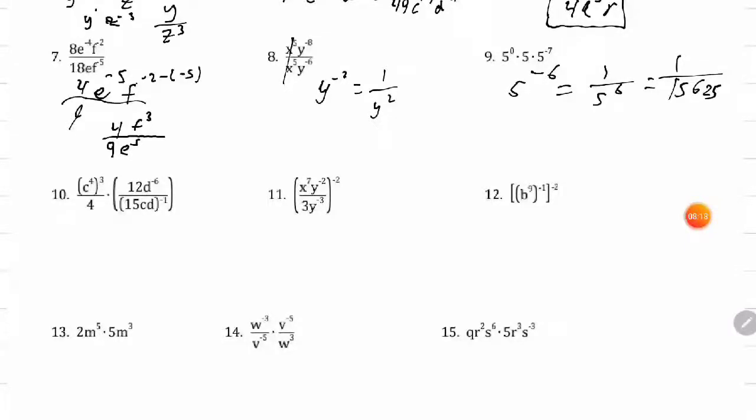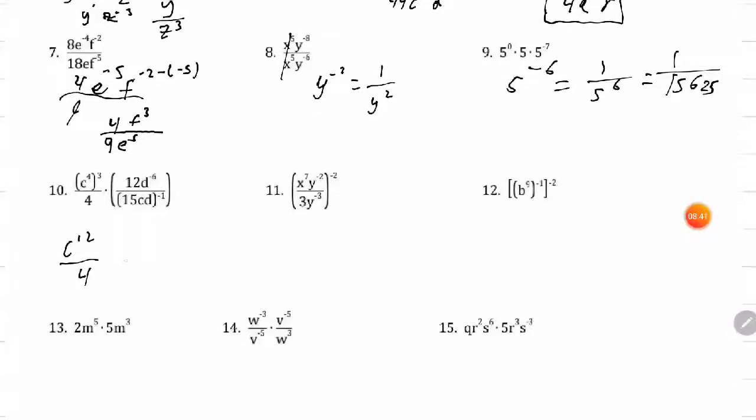So this one, there's a lot going on in number 10. You just do it one step at a time. So here we go. So the first fraction, c to the fourth to the third. So remember, we're not adding, we're multiplying those exponents. So this is c to the 12th. And then we have 4 down here. Now we're going to look at the next fraction. 12 over 15.